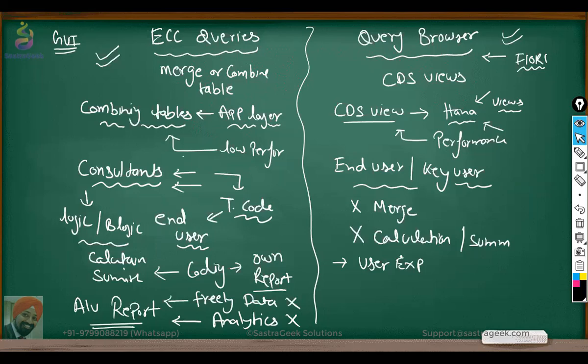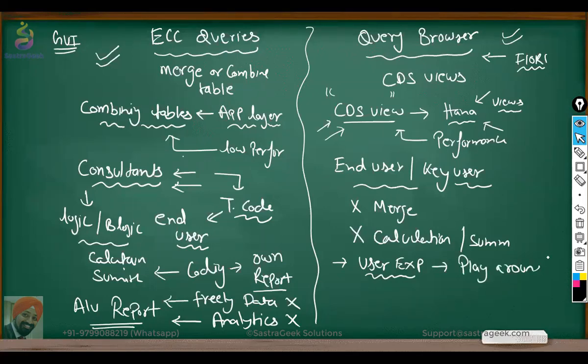Here, in the existing CDS view, all of your logic, combining your tables, doing your summation, any calculation, is sitting in the CDS view, and there are thousands of CDS views provided by SAP to generate reporting out of the box. You can create your own CDS view, but thousands are available out of the box. The user experience is the focus here.